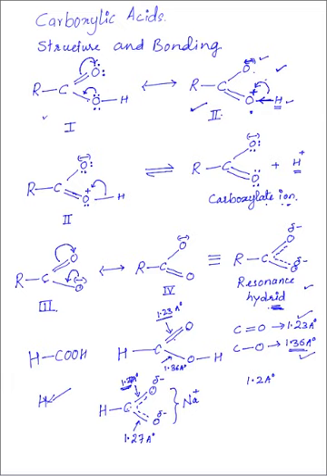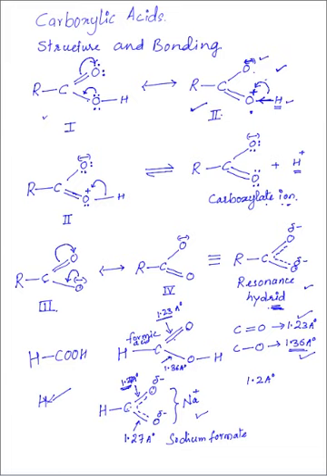So this confirms or proves the presence of resonance in carboxylate ion. So this is the structure of formic acid, and this is sodium formate. When sodium formate is formed, the presence of resonance structure in formate ion is confirmed by measuring their bond length.